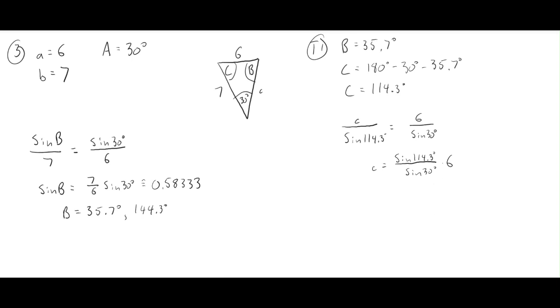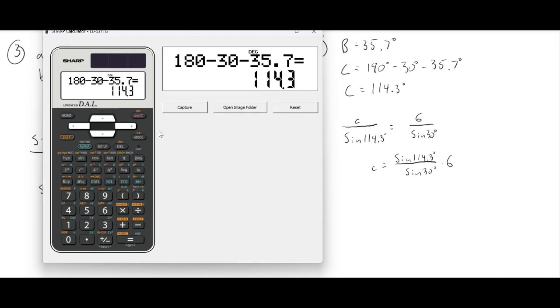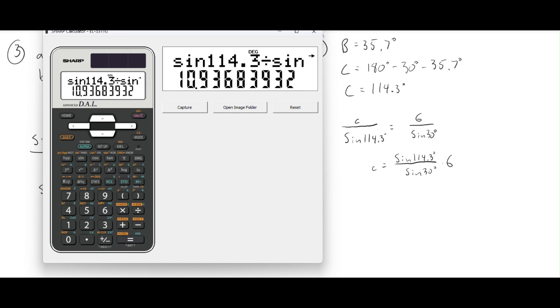Let's see what that is. Sine 114.3 divided by sine 30 times 6. And we get 10.94, let's say.